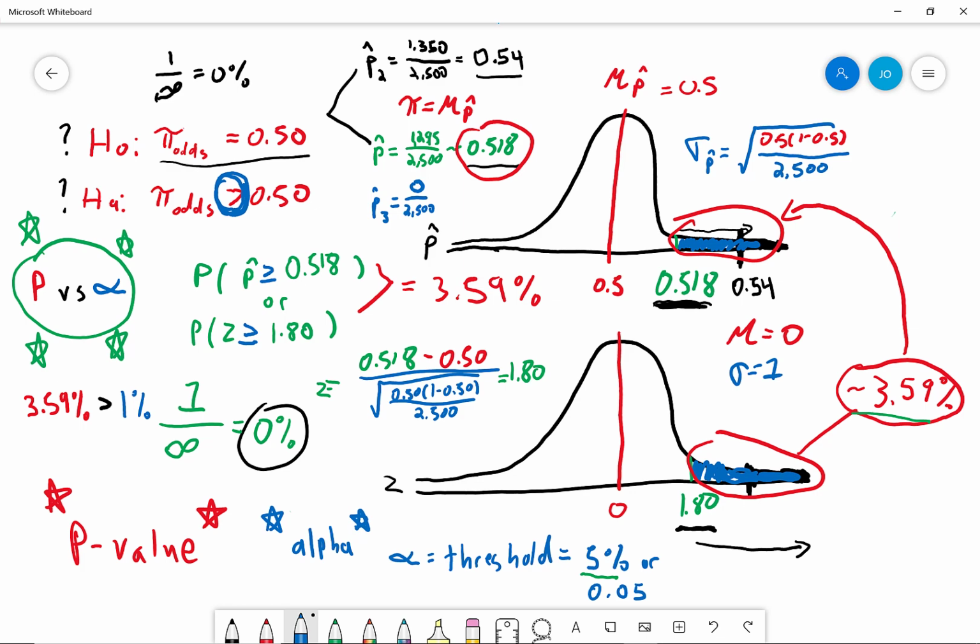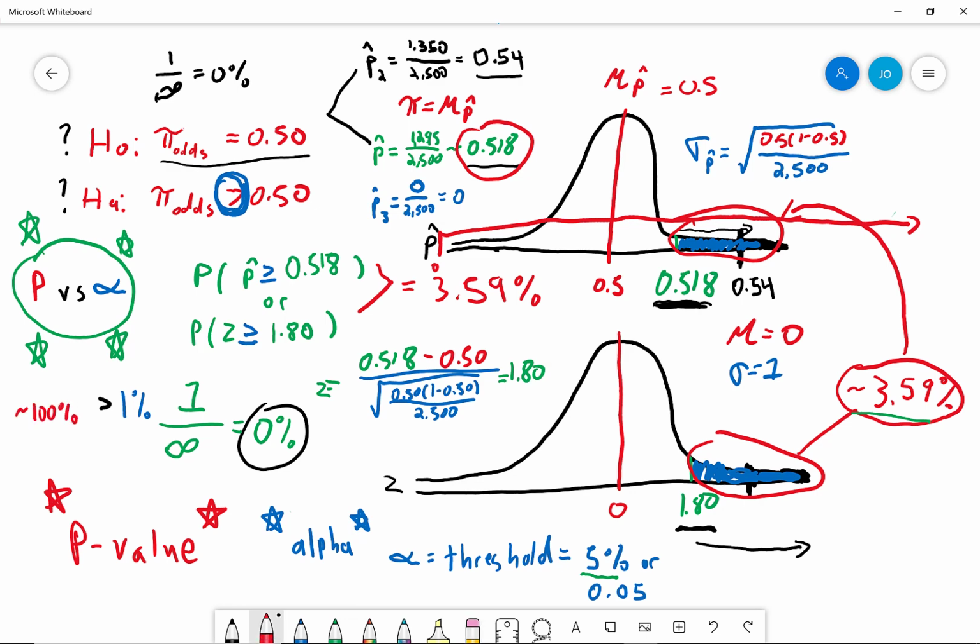No odd rolls. Well, our p hat in that case is 0%, or 0. If I was to graph that out visually, maybe I'd put it right here. And since our HA is greater than, we would look for all this area, all that shaded stuff, everything over there. That area, that p-value, would be roughly, approximately 100%.